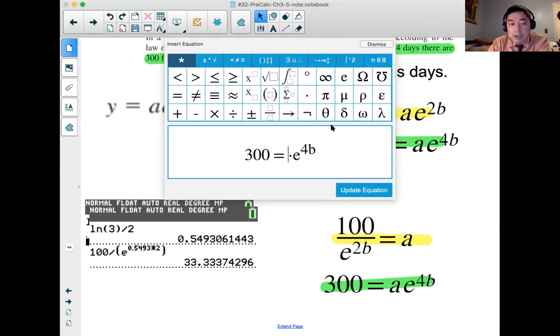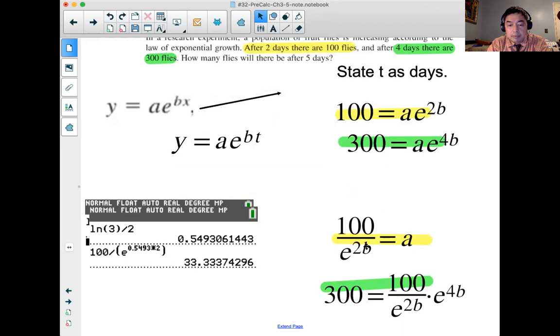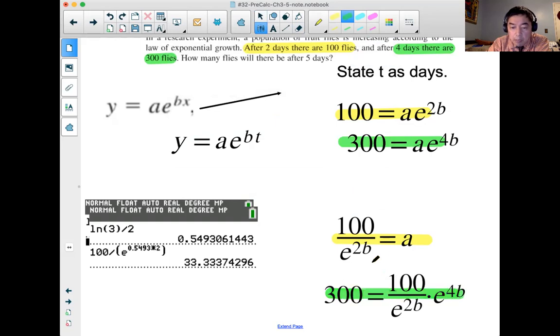So a is the fraction 100 over e to the second power b. Okay, so now I will erase. This is supposed to be the green highlighter equation, but I replaced A with this. As you see, A is replaced with this one, right here.